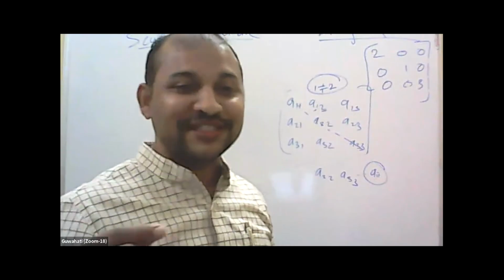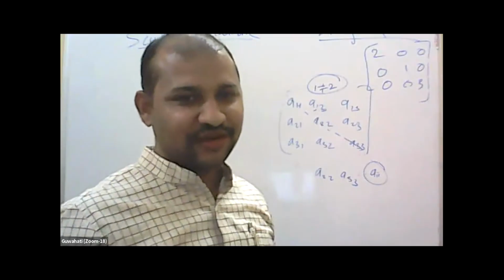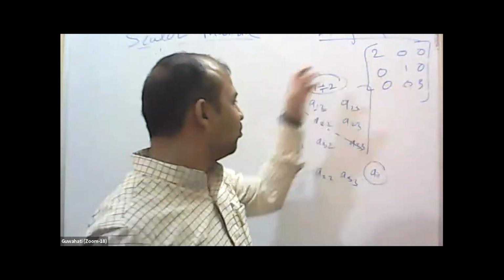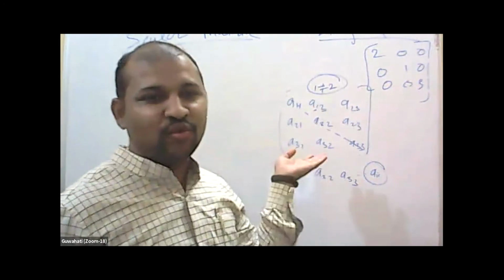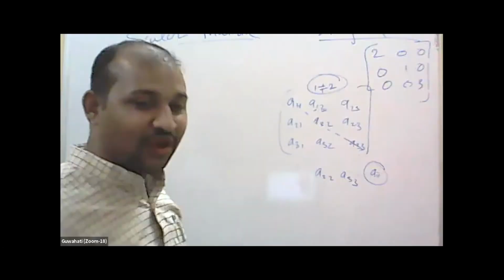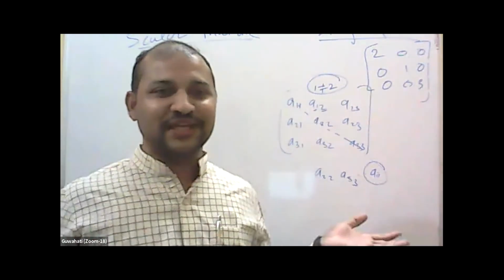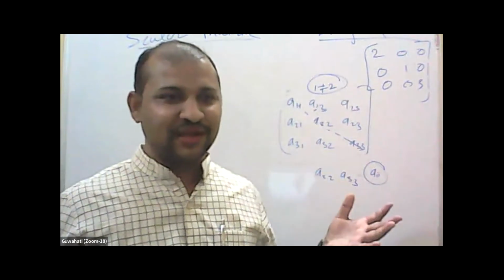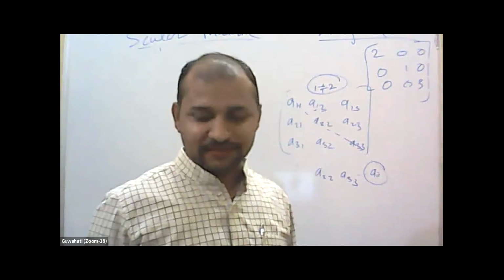Correct. You have to make some operation on it. Either you take out the whole 2 outside, or divide each row by 2, it will convert into an identity matrix, right? We are making a general statement, so in that case it won't be valid.